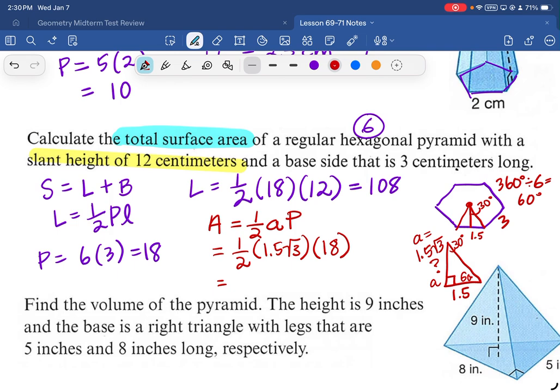What'd y'all get? It'll be 27 root 3. I enter in the entire thing to where you get a decimal. I actually got 23.38. Yeah, that's right. Okay, good. 23.38. Punch that in, make sure that's what you get.